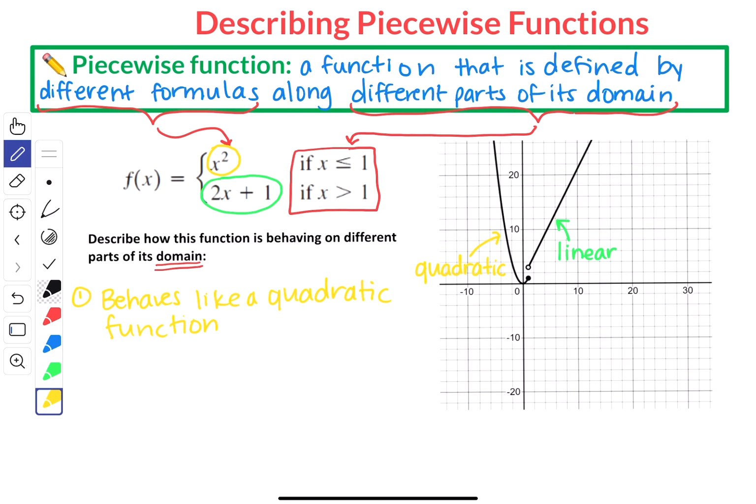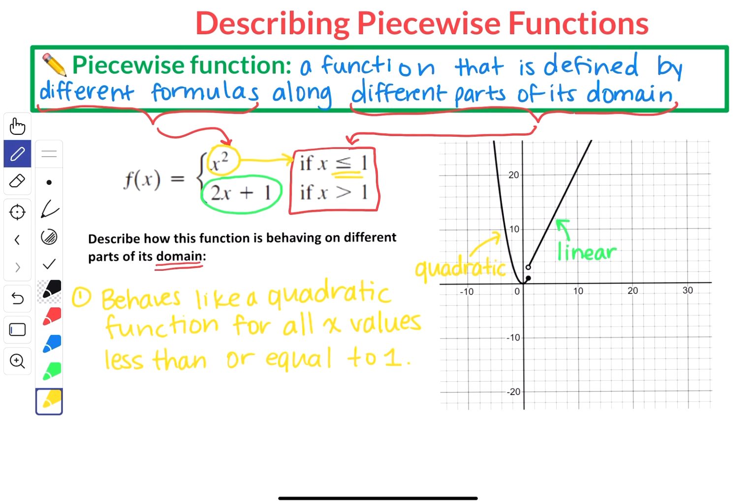So here I'm going to say it behaves like a quadratic function for all x values. I'm going to come back up to here where I saw my x squared. For all x values less than or equal to 1. So again, this is one way that I'm going to explain it: it behaves like a quadratic function for all x values less than or equal to 1.